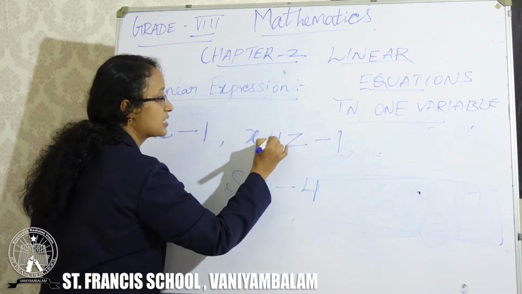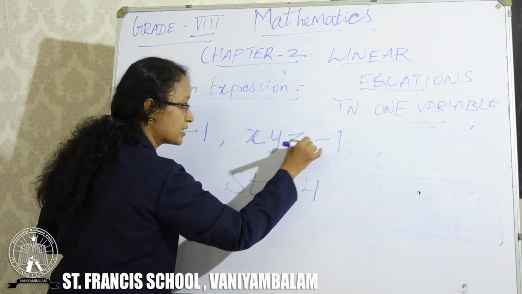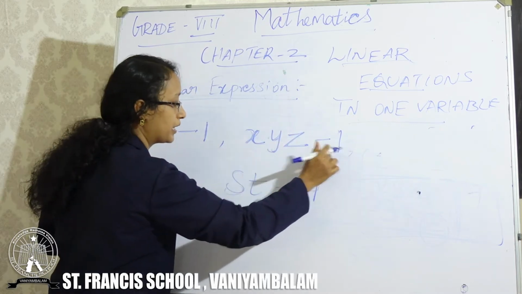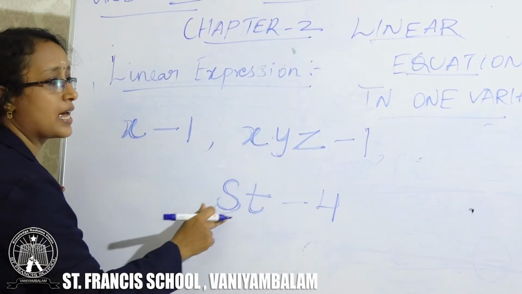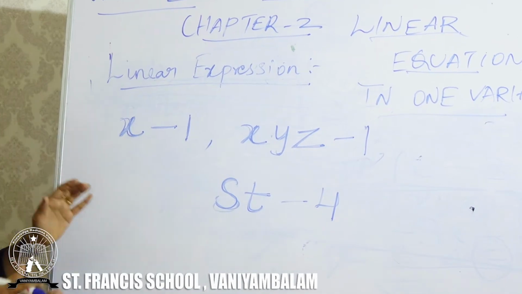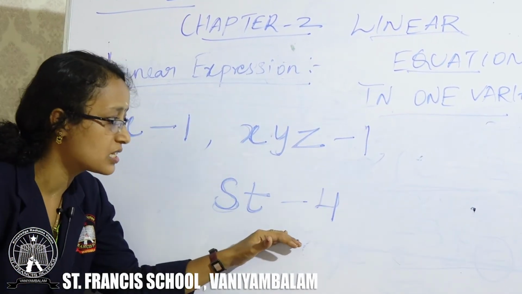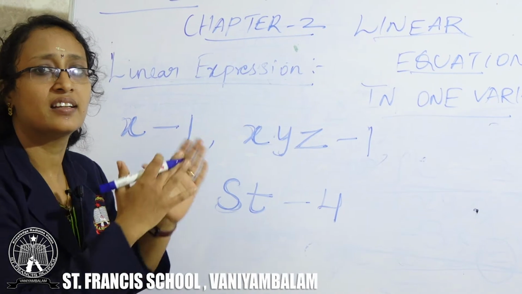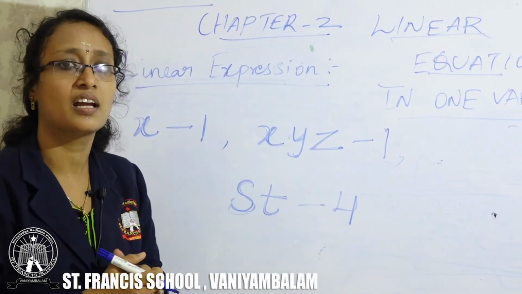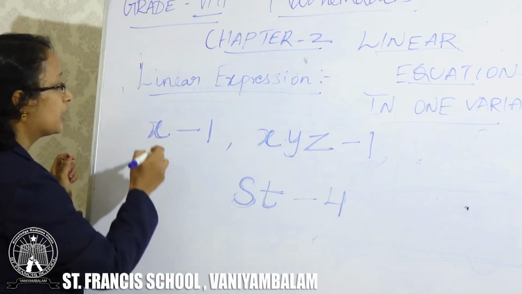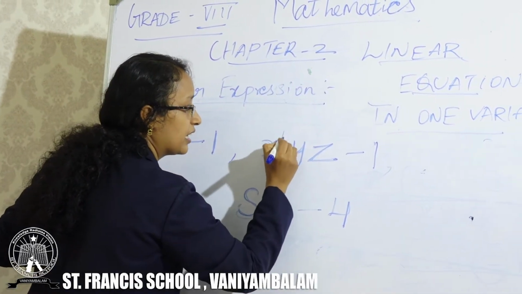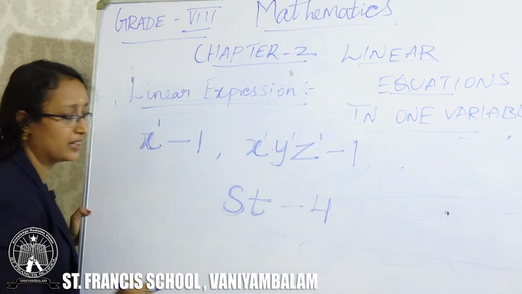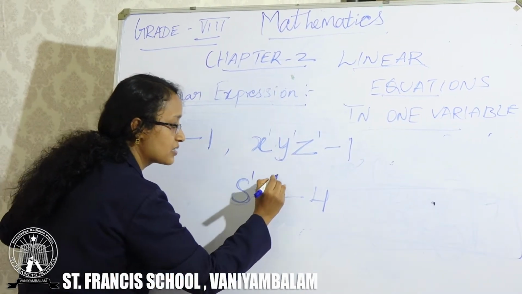Here the variables are x, y, z, 3 variables, minus 1, and s, t, 2 variables s and t, minus 4. So you have 3 expressions now, and can you find anything similar in these 3 expressions? Yes. You have the degree 1, and here degree 1, 1, 1. Am I right? Next, the degree is 1.